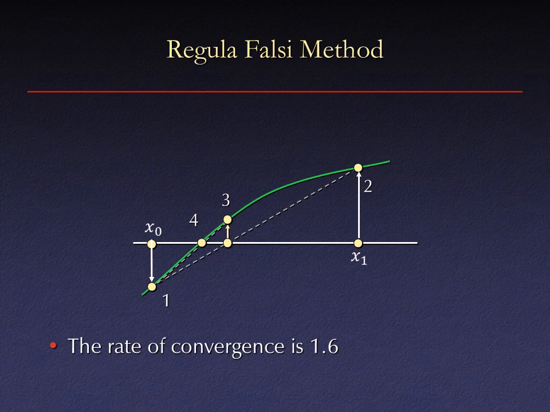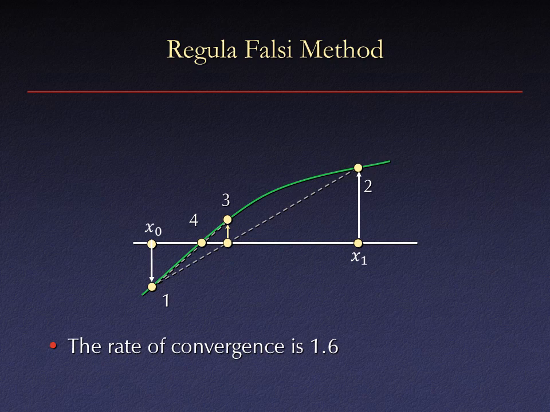The second method is the regula falsi method. This method is also known as the chord method. Here we have to find two initial guesses like above, x0 and x1, which contain the required root. Now we join point 1 and point 2, and the point where this chord intersects the x-axis, we term as our next approximation.